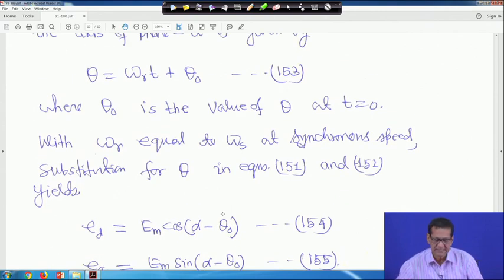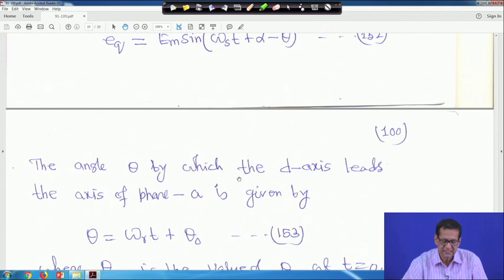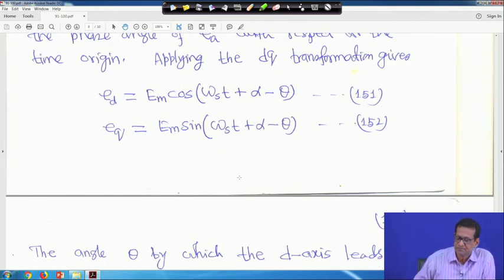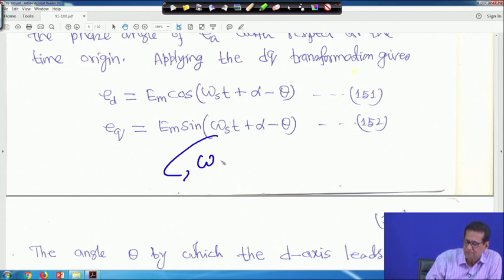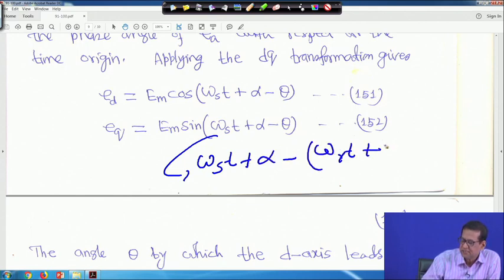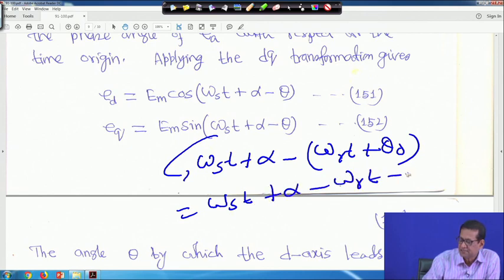Here, writing only one term, this is omega st plus alpha minus theta, where theta is equal to omega r t plus theta 0, right. So, this is omega st plus alpha minus omega r t minus theta 0, but omega r is equal to omega s, right.